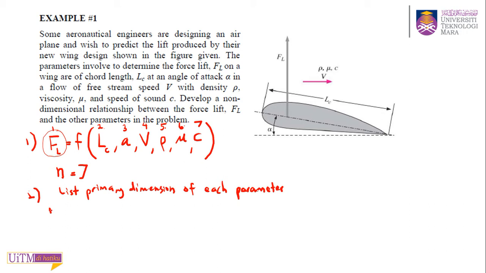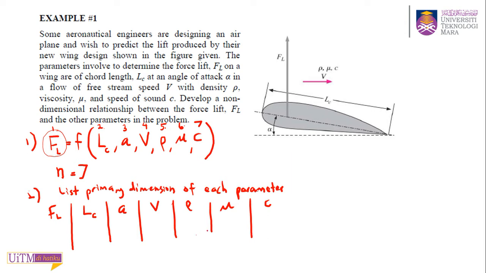So you have FL. So normally I suggest you to draw a box. Okay, so L for the length, for the alpha, for the velocity, for the rho, for the mu, and for the C. Okay. So what is the primary dimension for F?